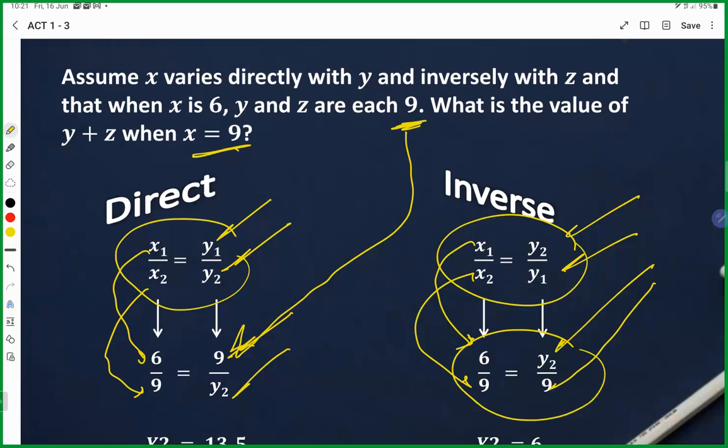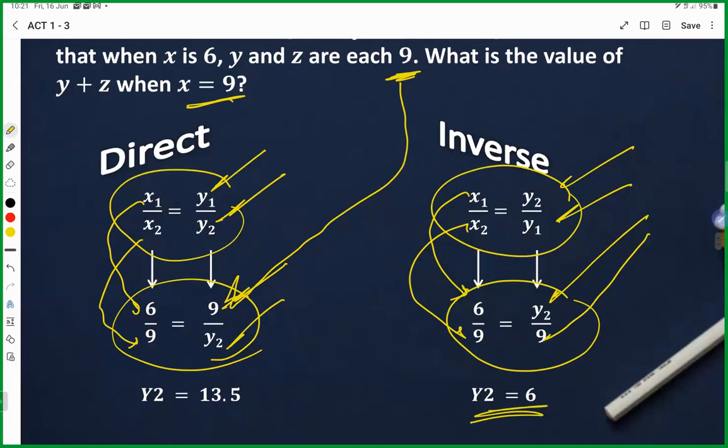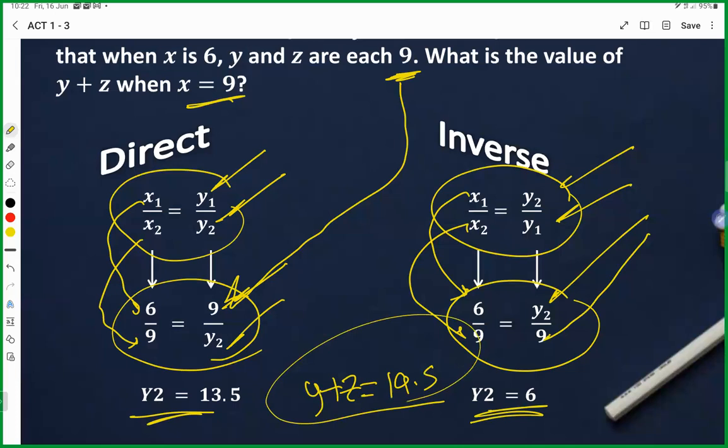So doing the cross multiplication, the inverse gives me y2 equal to 6, and here y2 is equal to 13.5. So y plus z, in this case, is equal to 19.5. Okay. That's direct and inverse questions.